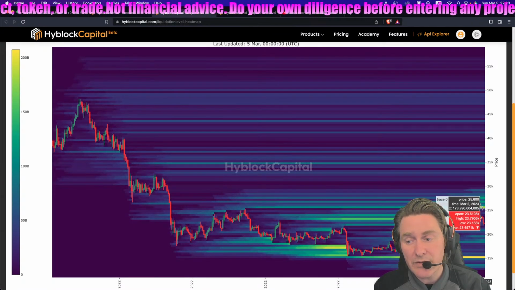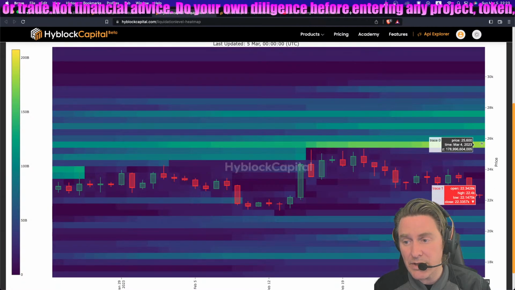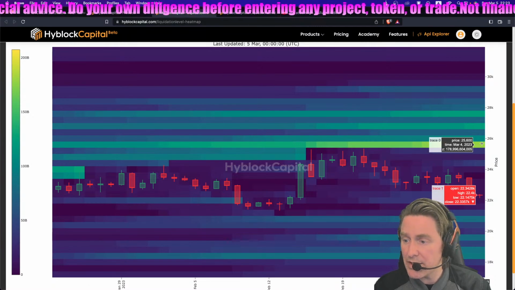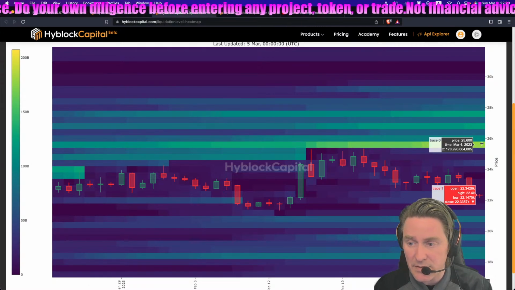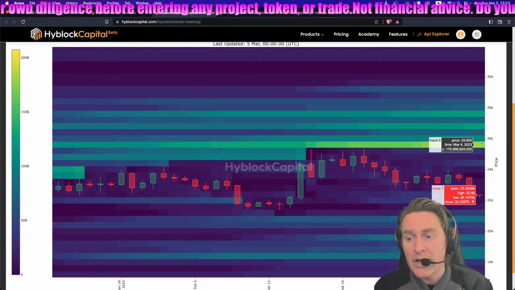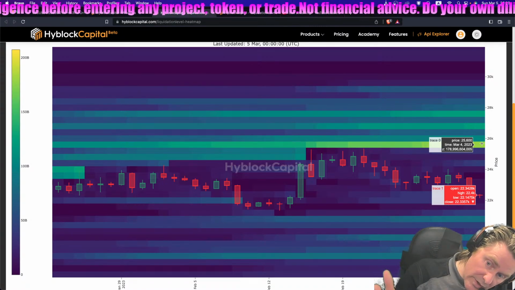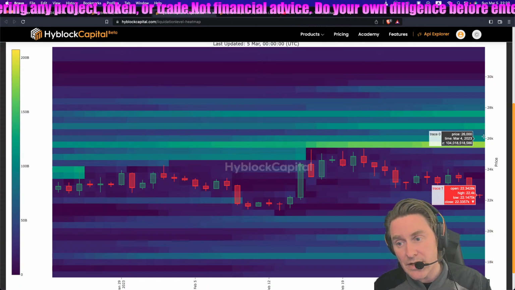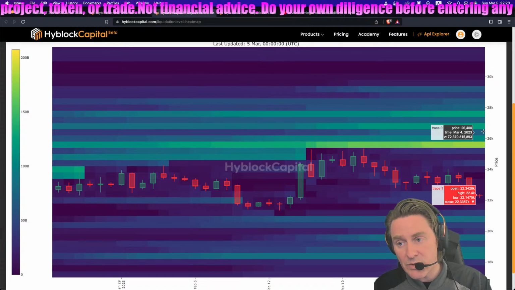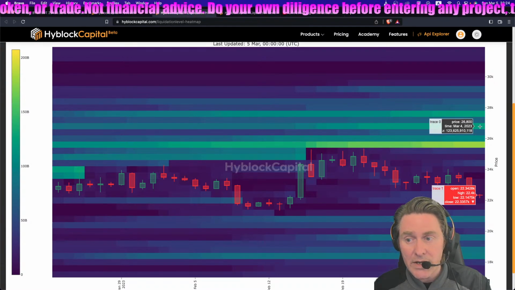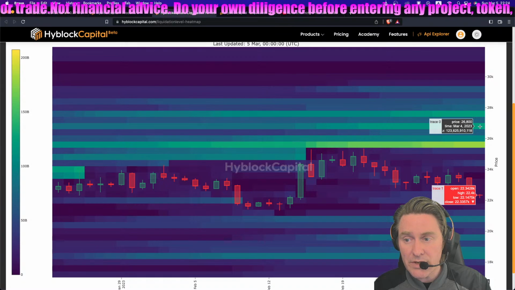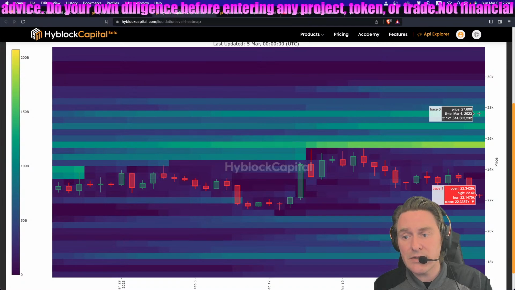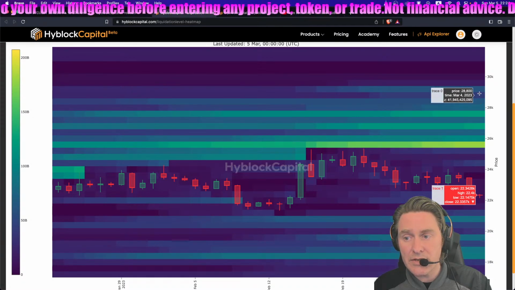So these pools have created a nice little band of liquidity up here at 25.6, which is why I'm pretty confident to say they'll go get this at some point in the near future. And that's $178 billion at 25.6, 100 billion at 26, 72 billion at 26.4, 123 billion at 26.8, 73 billion at 27.2, 27.6, 121 billion, and so on and so forth.